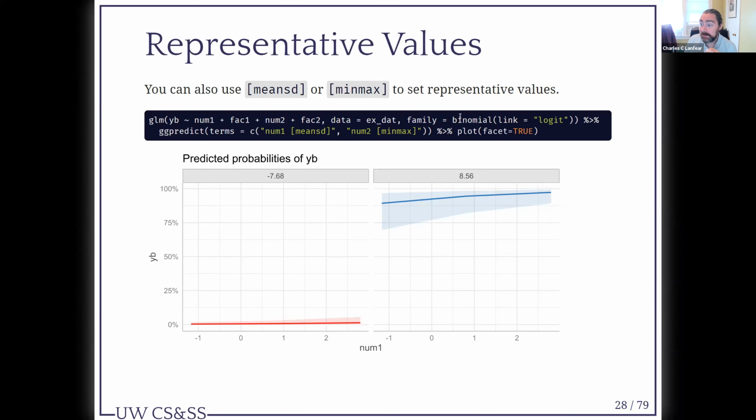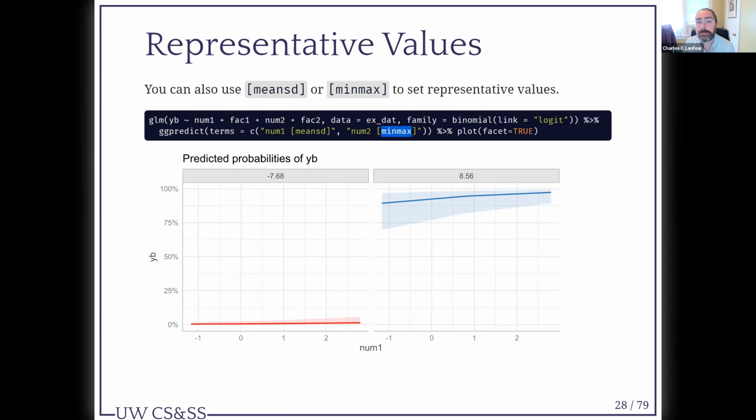Okay. So you can also do representative values. So instead of specifying exact values for things, you could also say something like, I would like ggpredict predictions for my num1 variable at its mean and plus and minus 1 standard deviation. This down here is its mean, minus 1 standard deviation, plus 1 standard deviation. And then here at num2, between its minimum, the minimum value being this -7.7, and its maximum being this 8.6.